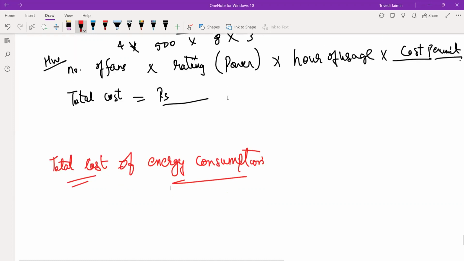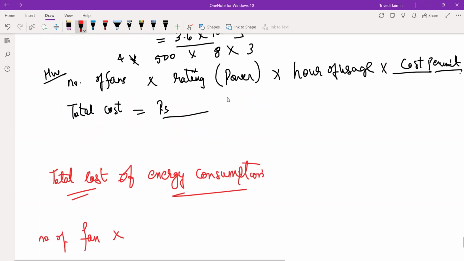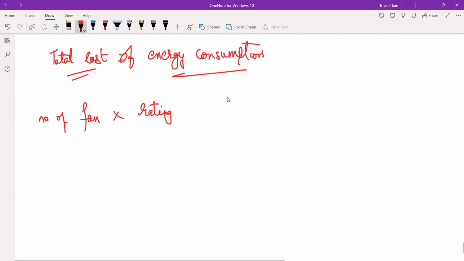So for fan, number of fan, if we are finding a fan, then rated means it will be power. Sir, are we doing work and energy? Yeah.